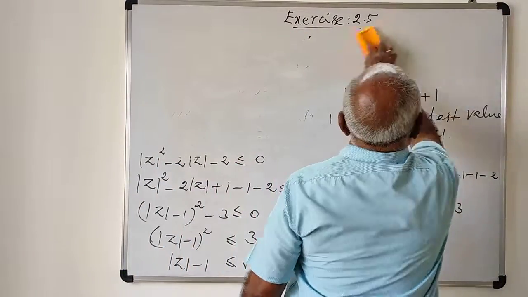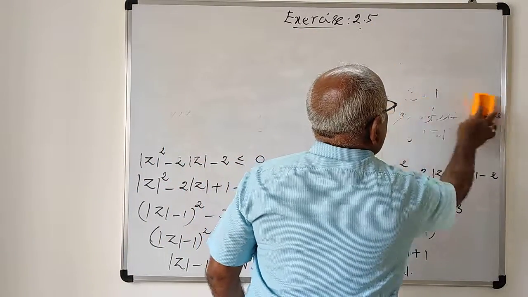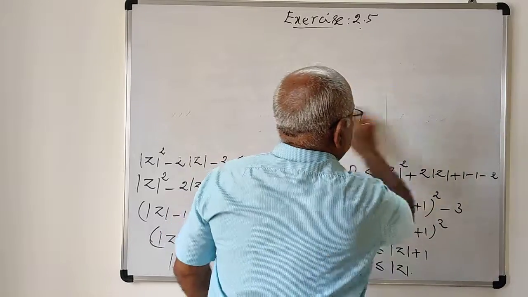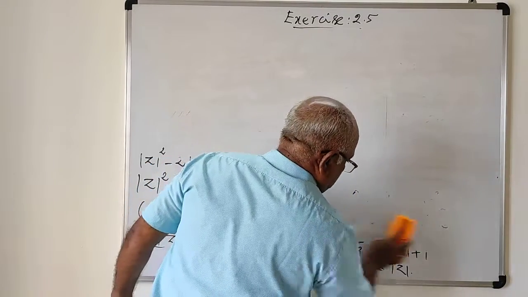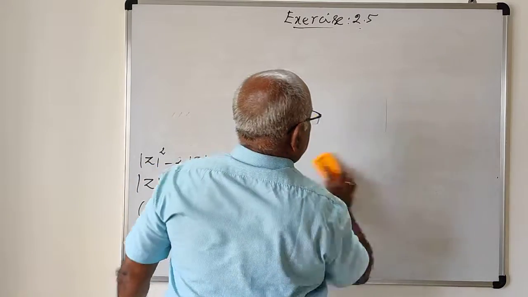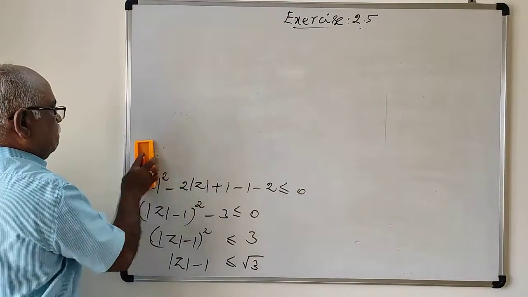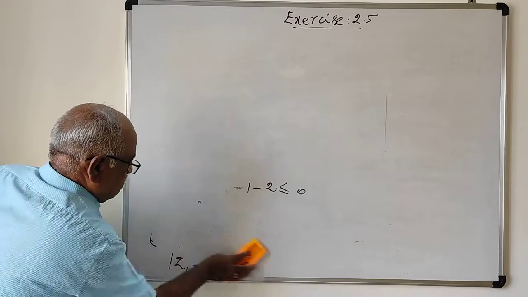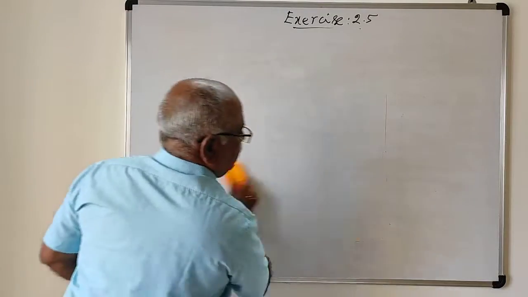Problem 7 is also about the modulus of three complex numbers Z1, Z2, Z3 that are given. Okay, seventh problem.